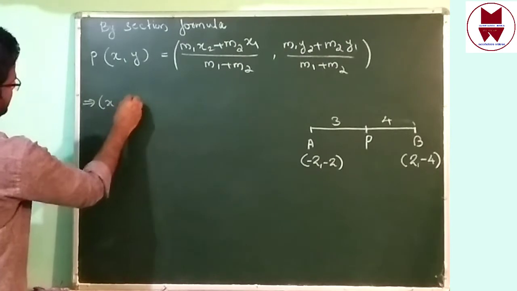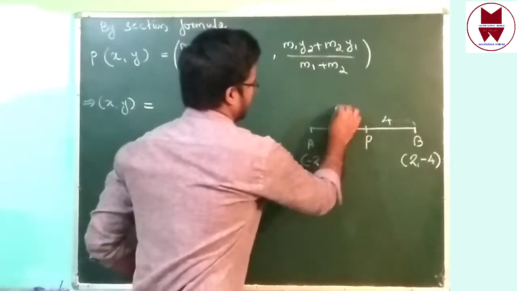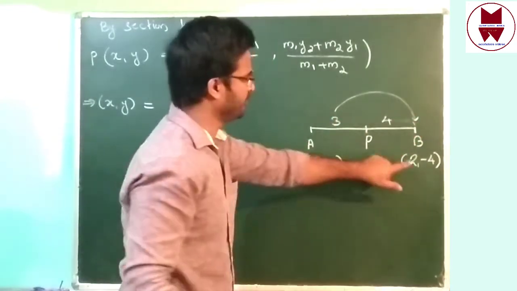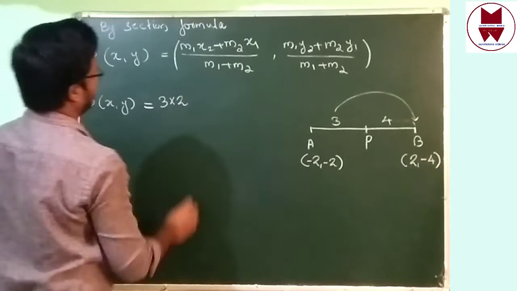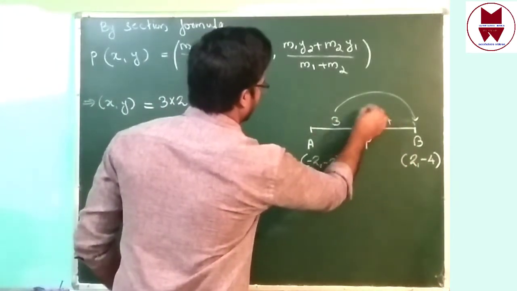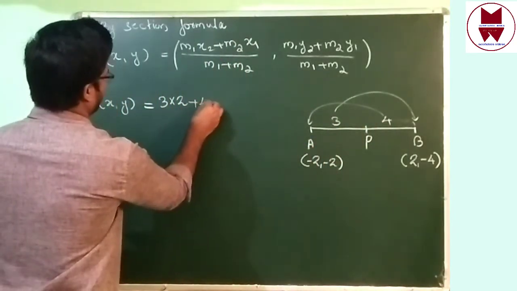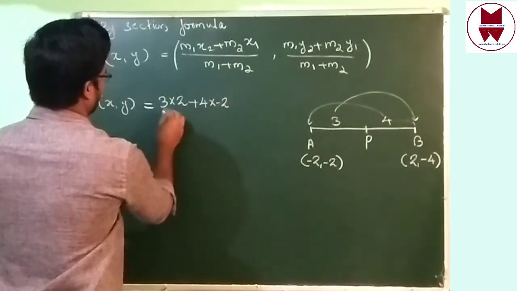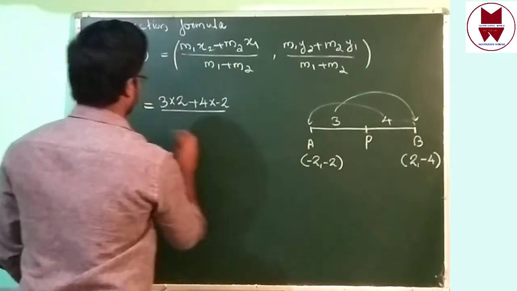X, Y equal to M1, that is 3, isn't it? Opposite. Okay. 3 into 2. That is M1 X2. 3 into 2, then this 4 into this minus 2. 4 into minus 2, divided by M1 plus M2, that is 3 plus 4.